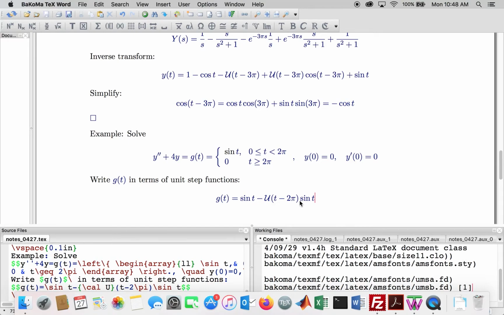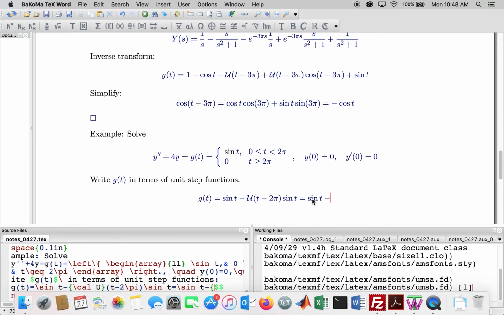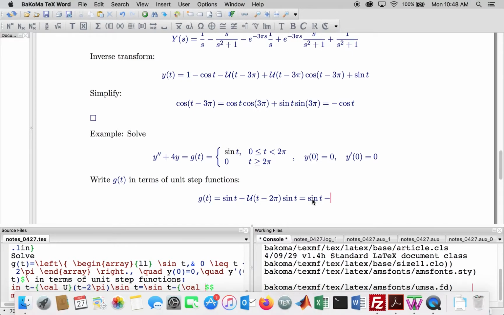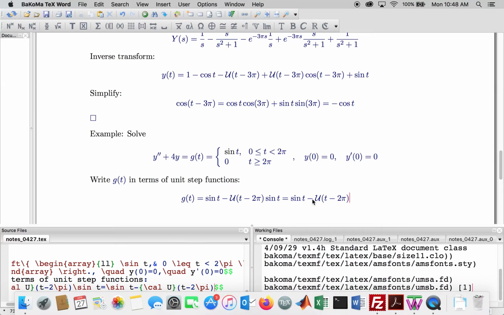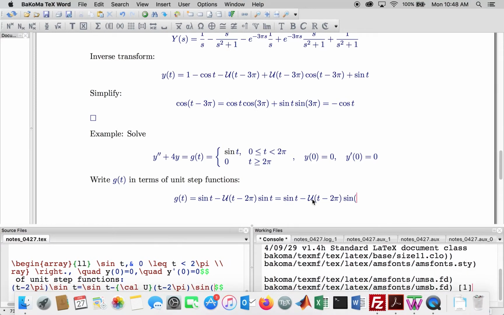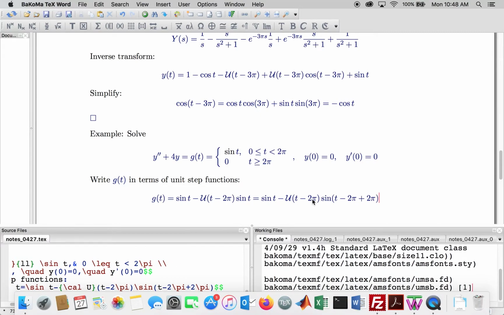pi. But we need to write this term as a function of t minus 2 pi. So if I write it this way, sine t minus step function, this kind of thing I was doing last time, t minus 2 pi sine, if I write t minus 2 pi plus 2 pi. So now I'm going to group these two terms together, t minus 2 pi. All right.